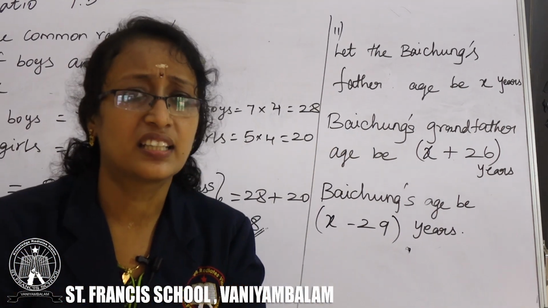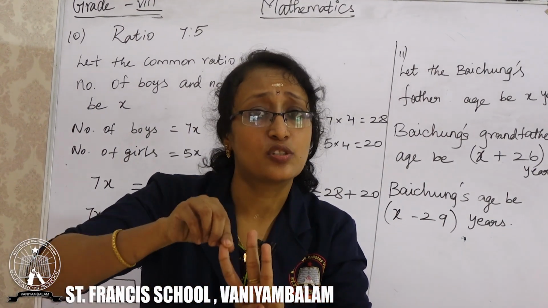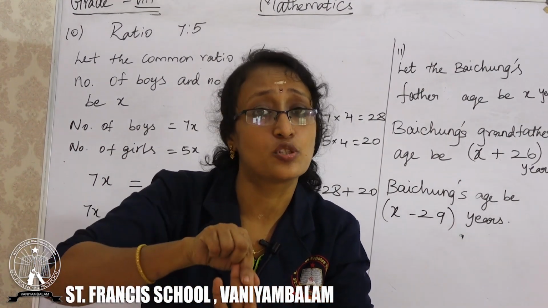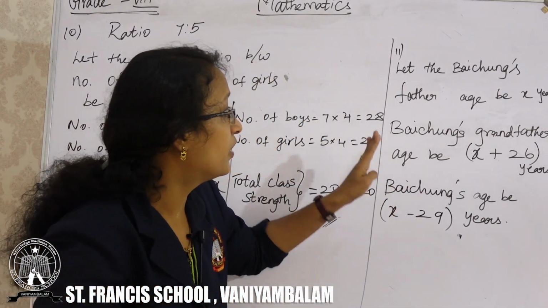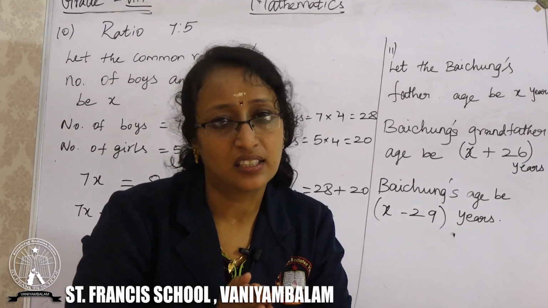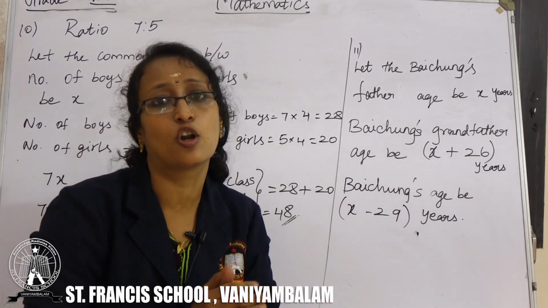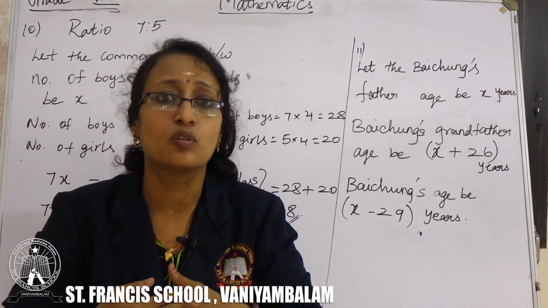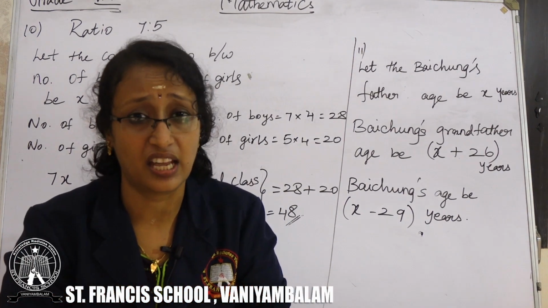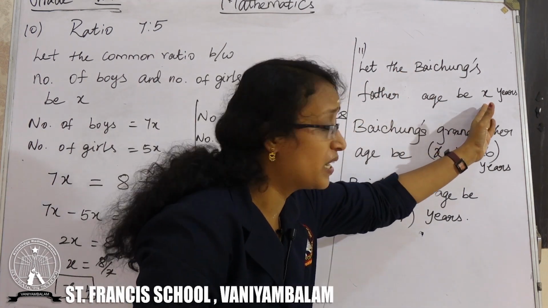Let me explain one thing here. It is given three persons are there, Baichung, Baichung's father and Baichung's grandfather, and all the three ages add up to 135 years. You have to find the ages of each one of them. First we have to know any one age. So let us take Baichung's father age be x.